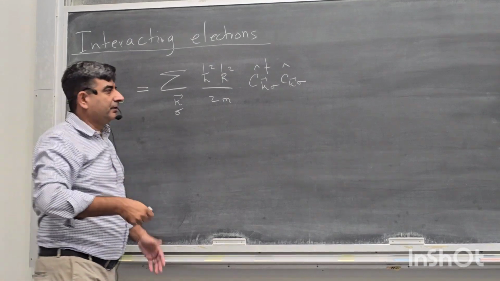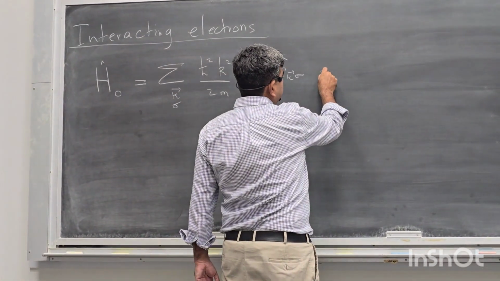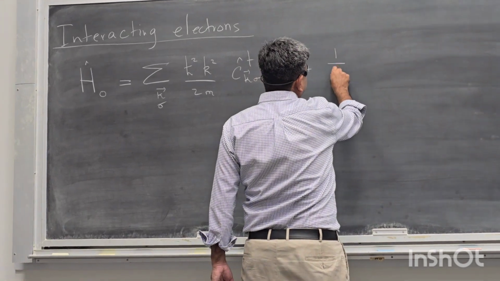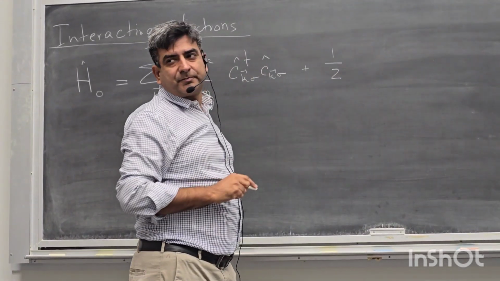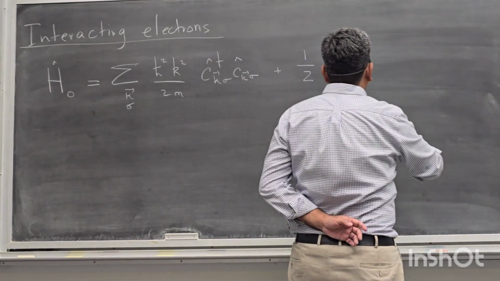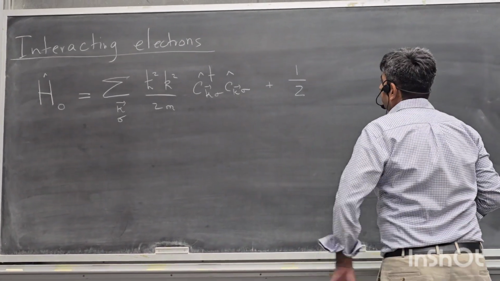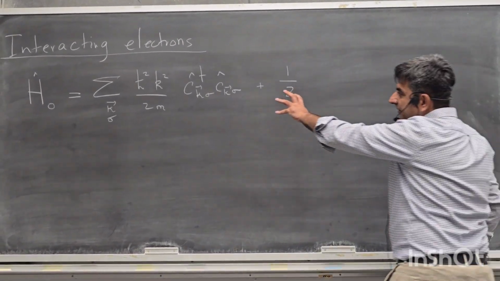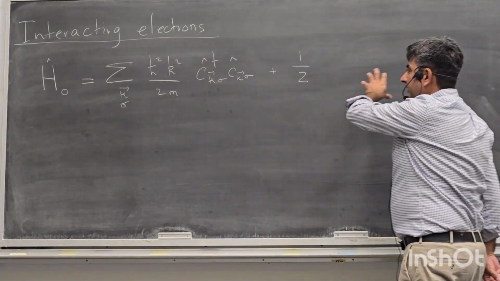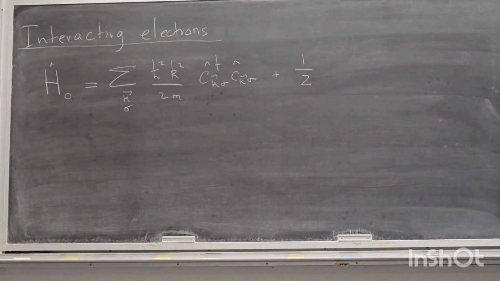Then we introduced Coulombic interactions, and those Coulombic interactions resulted in an interaction term, with a factor of 1/2 because we do not want to double count. So this is a single particle Hamiltonian. We now write a two particle Hamiltonian.